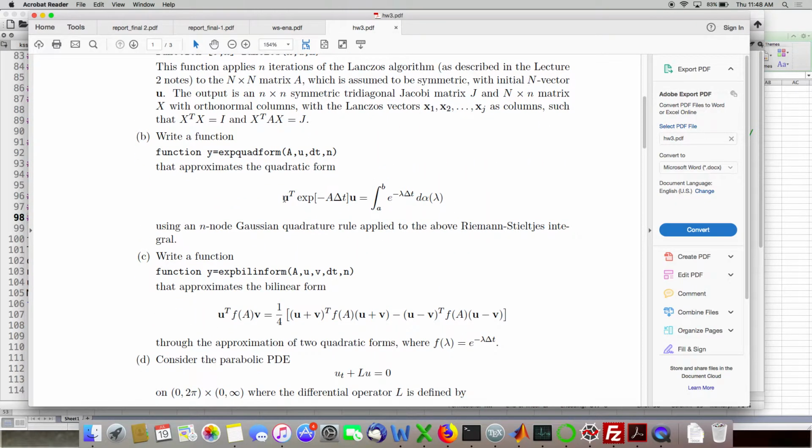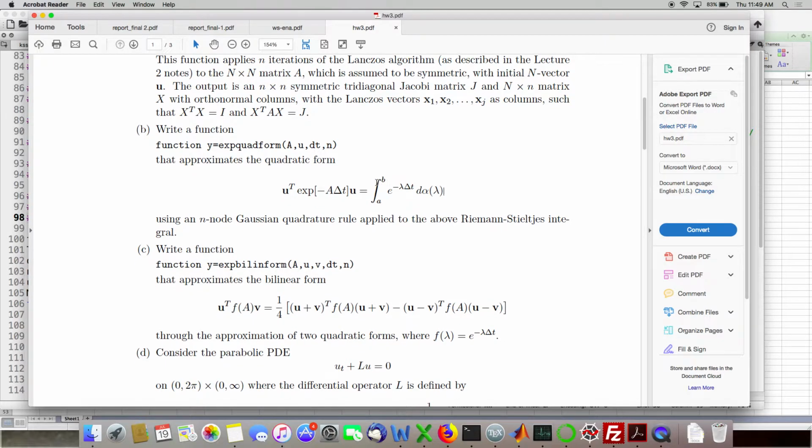Yeah. So this is what we're after. This quadratic form, you can ignore the minus in our case, is treated as this integral where the exponential becomes our integrand. And the measure alpha of lambda is defined in terms of the eigenvectors of A. The domain of the integral comes from the eigenvalues. A is the smallest eigenvalue, B is the largest.